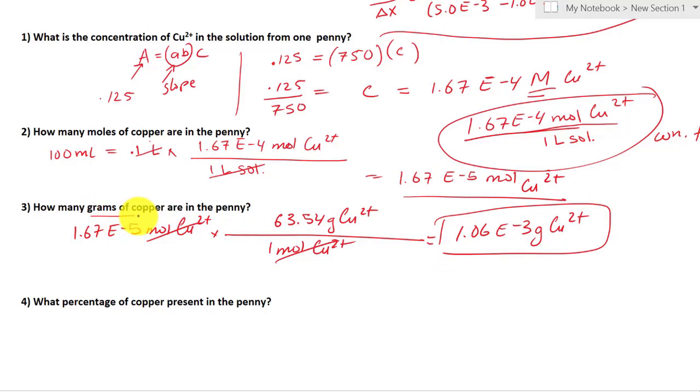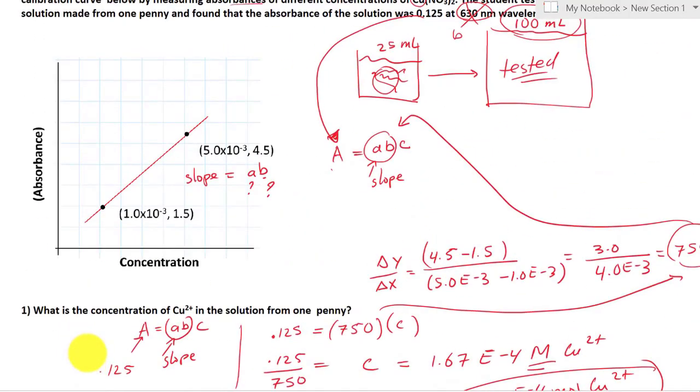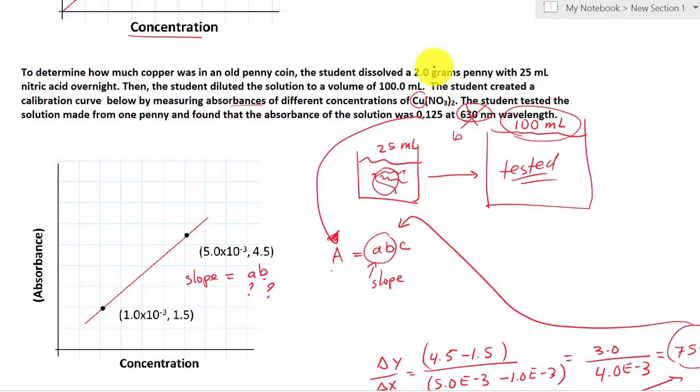And lastly, what is the percentage of copper present in the penny? Well, remember, percentage is what? Percentage is equal to part divided by total times 100. In this case, what is the part? The part is right there. What's the total? What's the total mass of the penny? In this case, the mass of the penny is 2 grams right there.